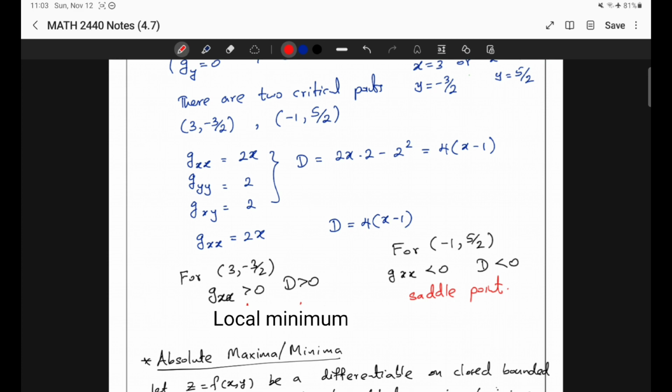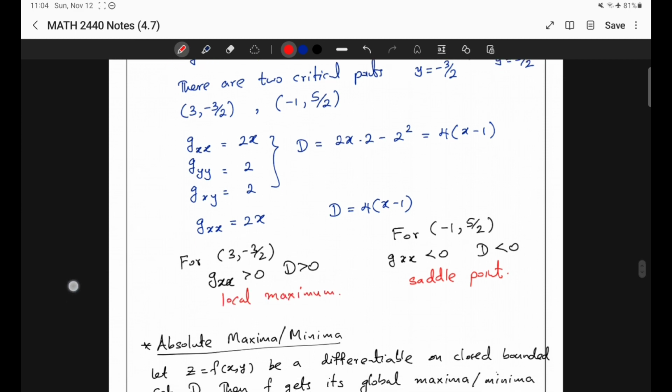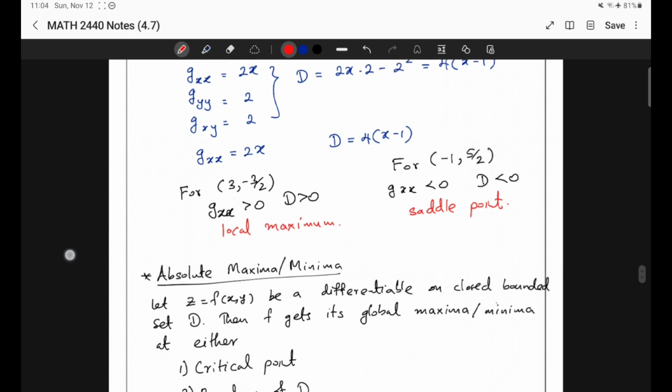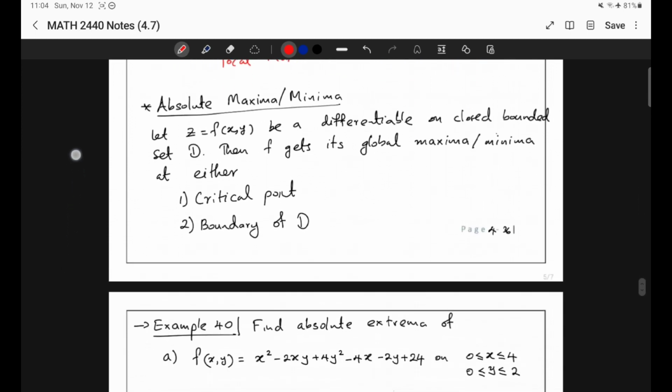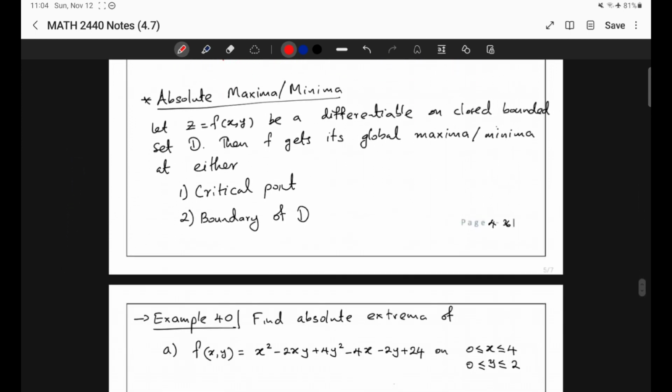Right. Now we talked about local minimum and local maximums. Now we are going to talk about absolute minimum, absolute maximum, or the global minimum and global maximum. The way to find the absolute maxima or minima is you find all the critical points and the boundary points.